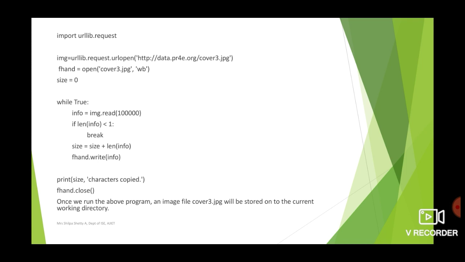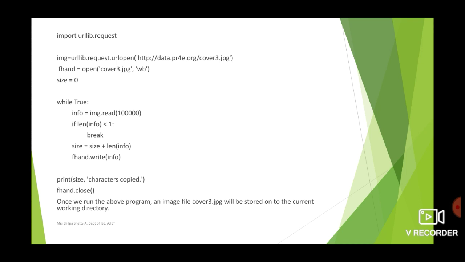Now if the length of the info, whatever we have read, is less than 1, break. What that means is, suppose it is less than 1, then whatever we have read is empty, and no more information is available. In such a case we can stop the program.